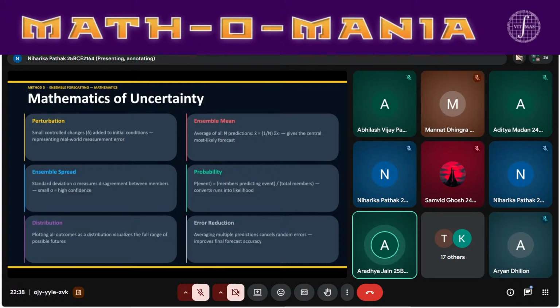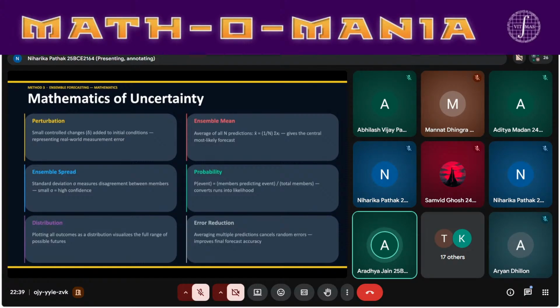It is the members which are saying rainfall will happen upon the total members, like any rainfall, snowfall, everything in that particular data. This is what gives us the probability of that particular event. So where we used to run each simulation, this gives us the likelihood of the event. Instead of solving, we are actually getting the likelihood, right?